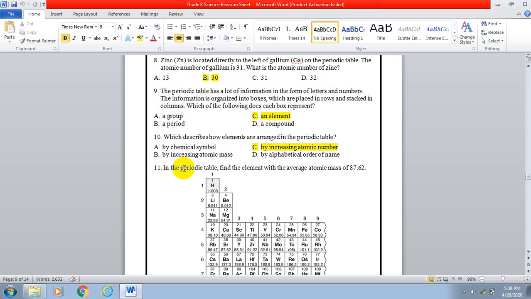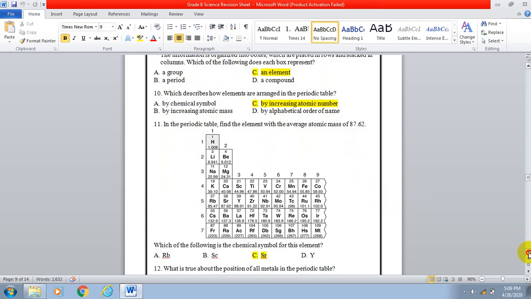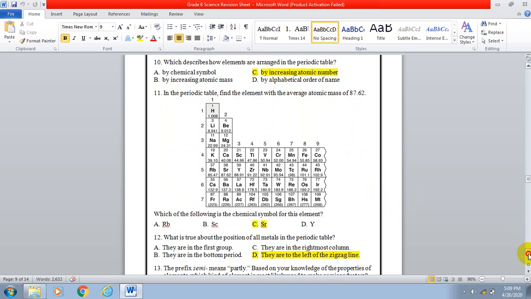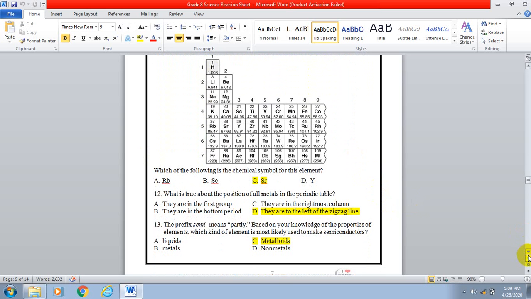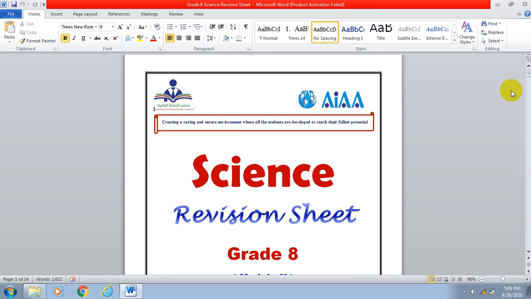For the 11th, this is the periodic table structure again for you guys. In the periodic table, find the element with the average atomic mass of 87.62. It lies between rubidium and cesium, by the way.